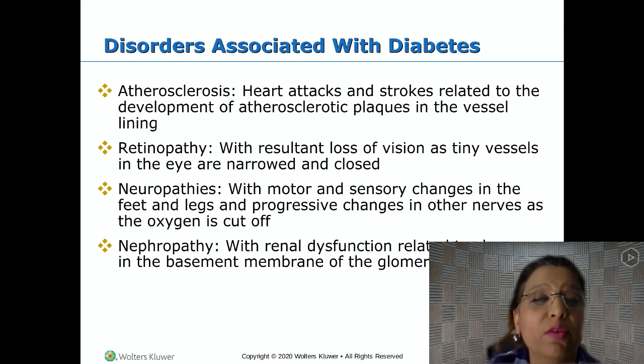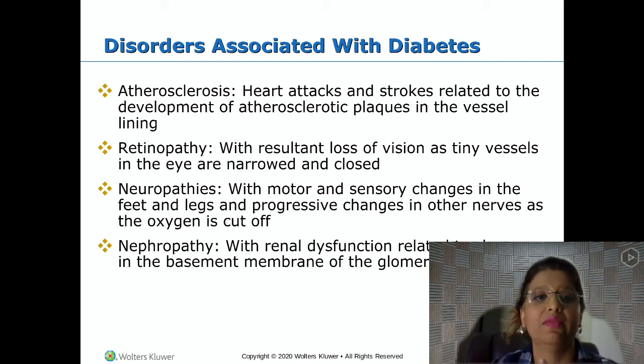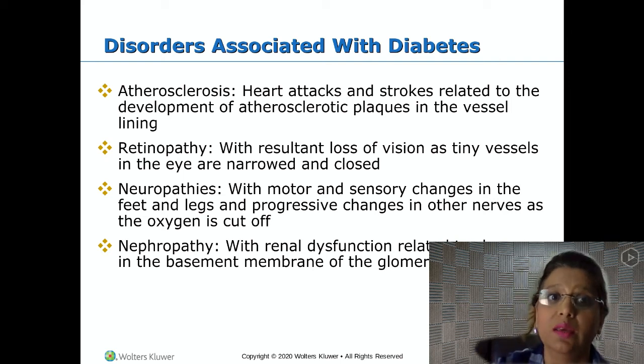And nephropathy is bad kidneys, right? So kidneys are bad, nerves are not functioning very well, just numbness, tingling in the hands and feet. Retinopathy, the vision goes bad, and then atherosclerosis, which could cause heart attacks and strokes. So not a good condition. So it's a good thing to control your blood sugar and keep it in a normal area.